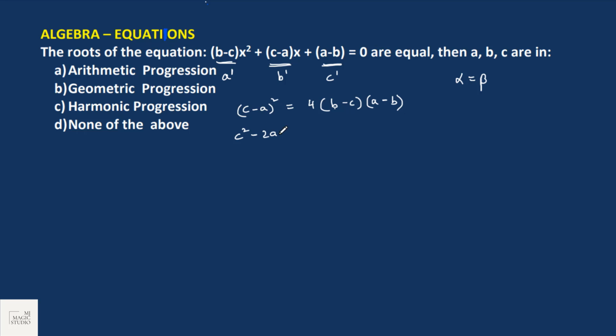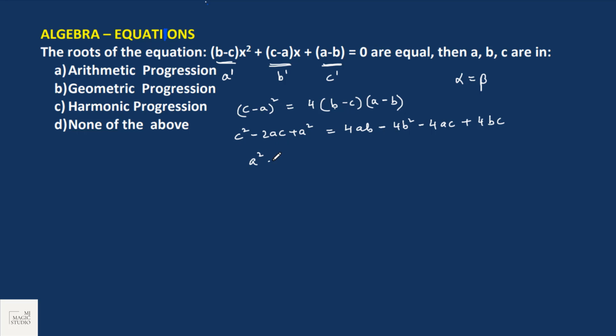Now, let's try to solve this. c square minus 2ac plus a square equals 4ab minus 4b square minus 4ac plus 4bc. And we can see that we will end up getting nothing out of this, or maybe something. Let's see what we have. c square, a square, minus 4b.